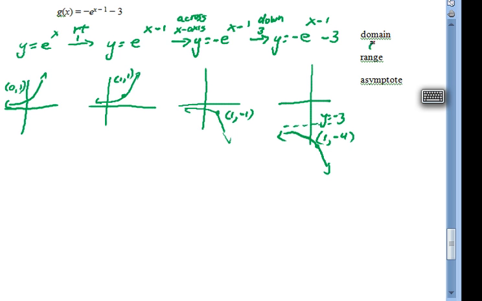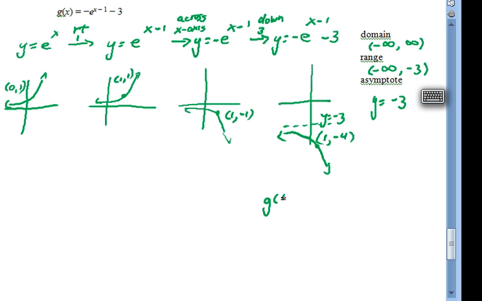So the domain goes from negative infinity to infinity. The range goes from negative infinity to negative 3, not including the negative 3, and the horizontal asymptote is y equals negative 3. Now, I'd like to verify that that point (1, -4) is on this graph.